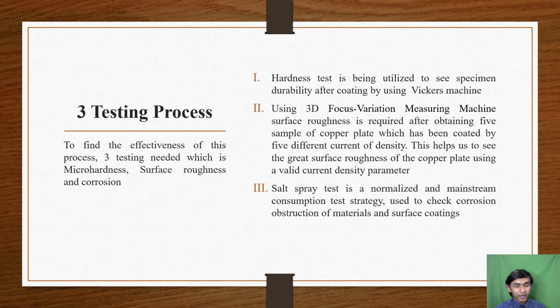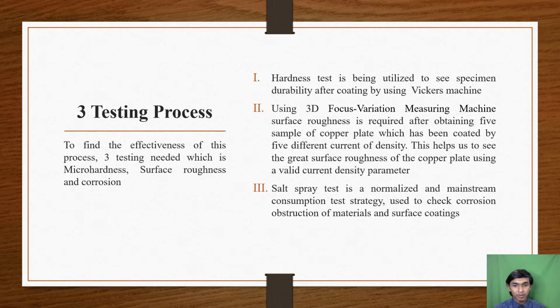To find the effectiveness of this process, three tests are needed: first micro hardness, second surface roughness, and the last corrosion. The micro hardness test is used to assess the specimen durability after coating by using a Vickers machine. Second, using a 3D focus variation measuring machine, surface roughness is measured after obtaining 5 samples of copper plate coated with 5 different current densities.